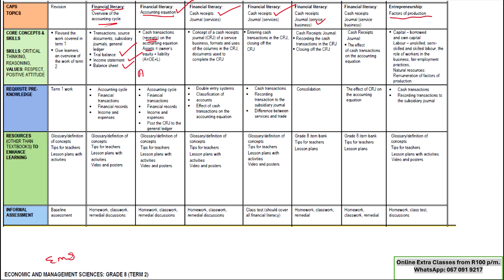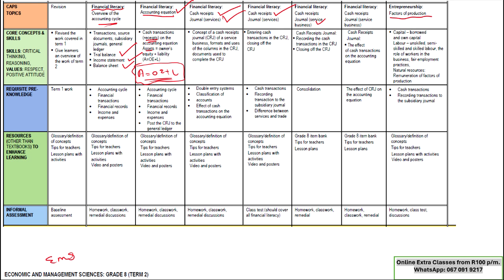So guys, our assets are equal to our owner's equity plus liabilities. We need to always remember this principle at all times. And then next, we moved to cash receipt journals.